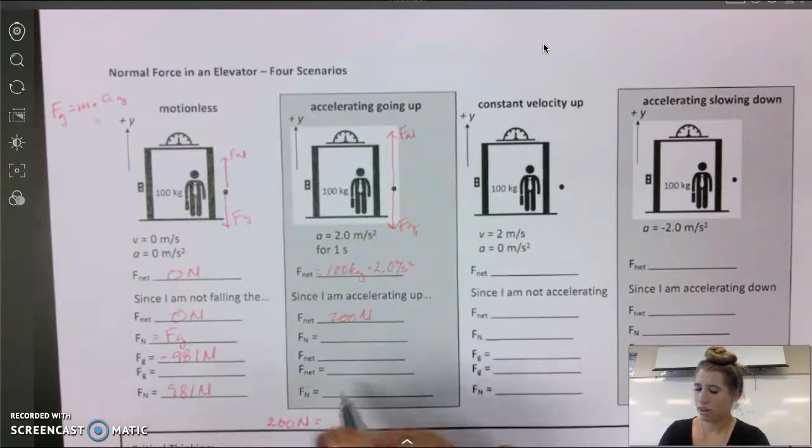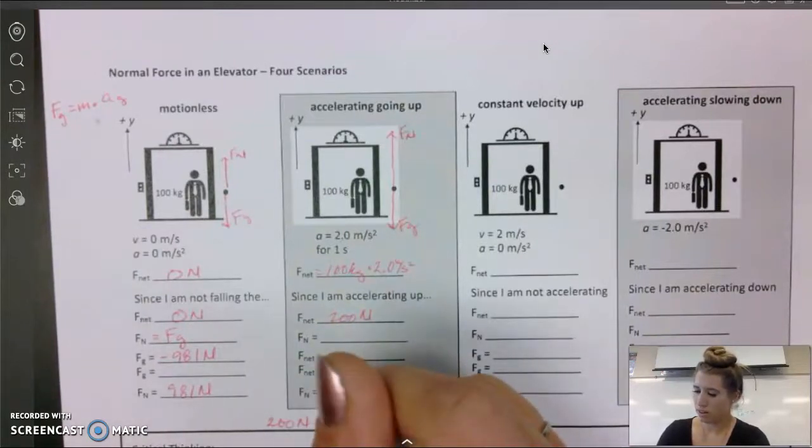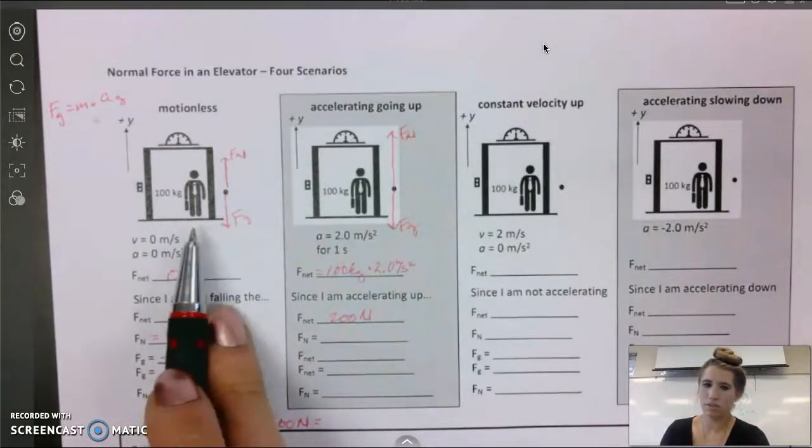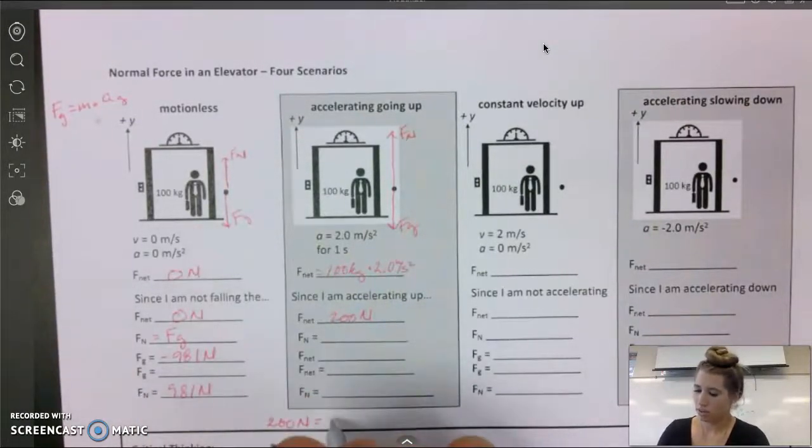And we have a negative force due to gravity, which is the same as before. The mass of the object didn't change, so that force due to gravity would be negative 981 newtons.